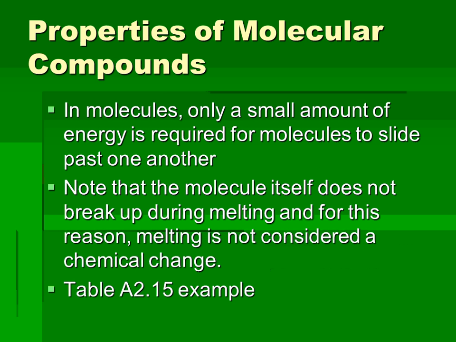In molecules, only a small amount of energy is required for molecules to slide past one another. Note that the molecule itself does not break up during the melting, and for this reason, melting is not considered a chemical change.